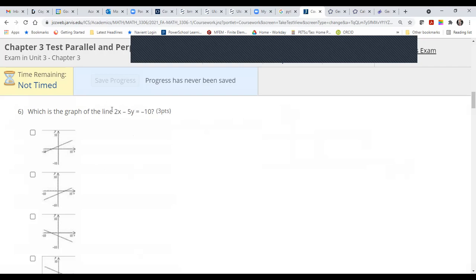So how to find out the line for this graph? I think you need to change this to the slope form, or you can just find the intercepts to the x and to the y, right?